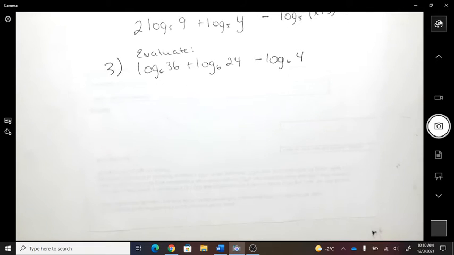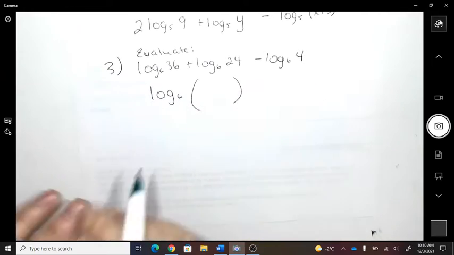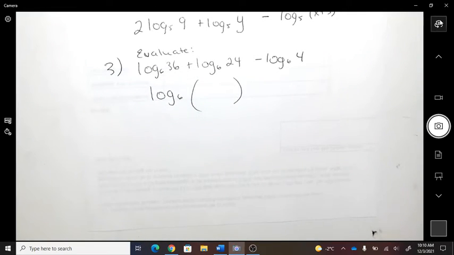Okay, so here's my suggestion. When I look at this, I see it all separated. So I'm thinking I want to put it back together with the rules. So log 6 of, and I'm thinking, how could I put those separated statements back together?